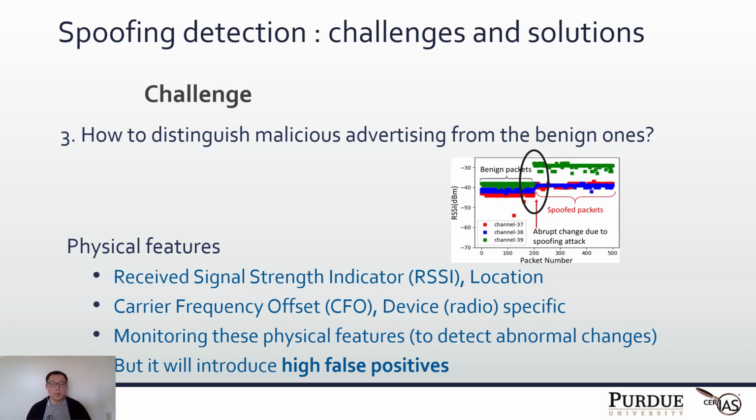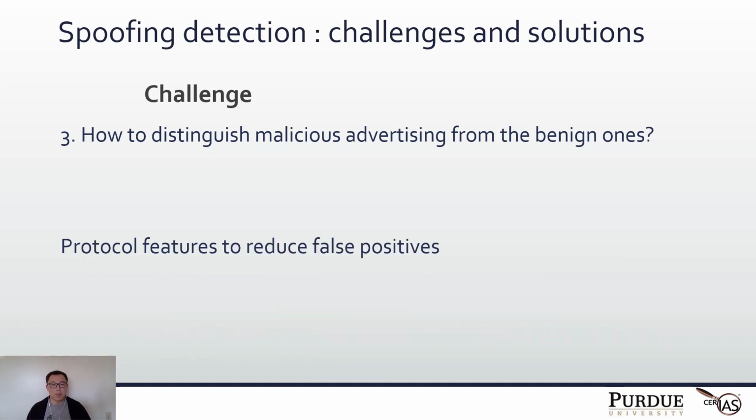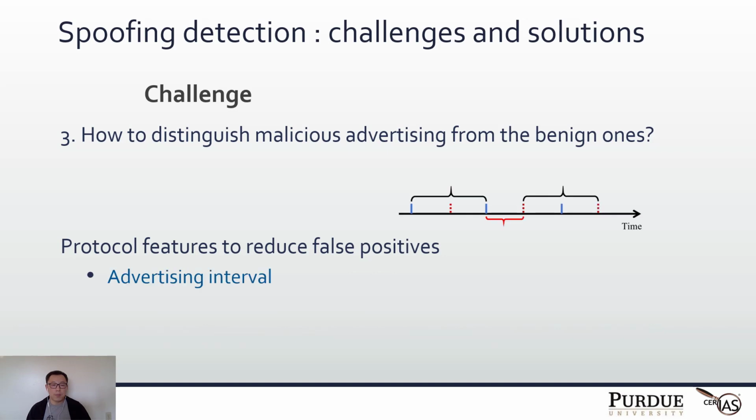However, if we keep monitoring these features continuously, there will be a lot of false positives due to their fluctuation. To solve this problem, we introduce protocol features, such as advertising interval.